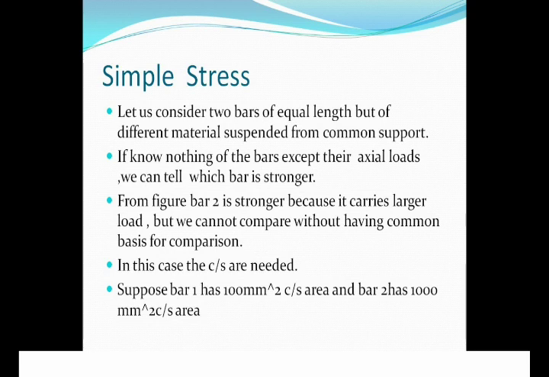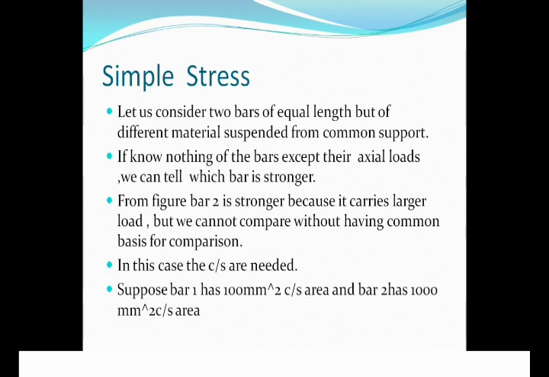Now let us assume that both bars are of the same material. If both bars are of the same material, we will say that bar 2 is stronger than bar 1. But we are not really comparing them; we are just seeing the figure and saying bar 2 is stronger than bar 1 because it carries more load.